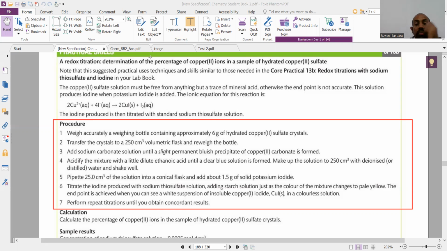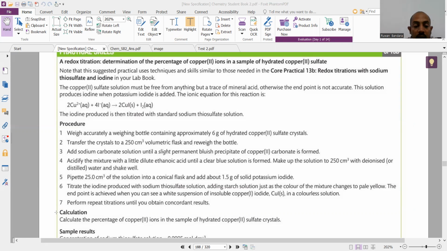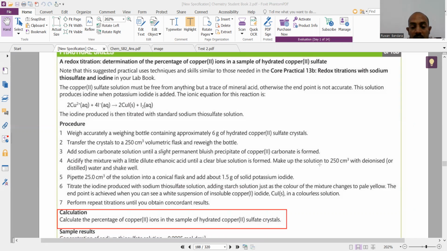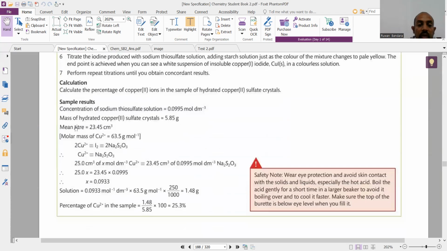Right. Now, our target is to calculate the percentage of copper 2 plus ions in the hydrated copper 2 sulfate crystals. The sample results are given to you.